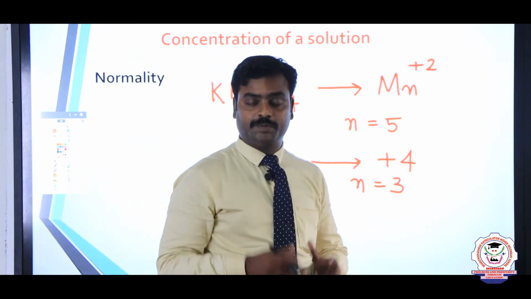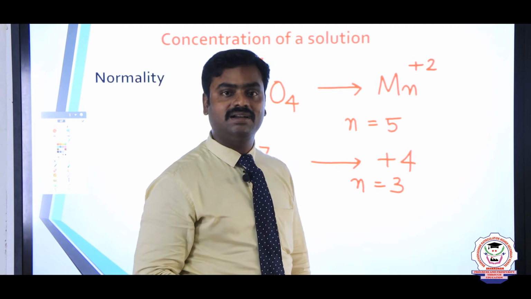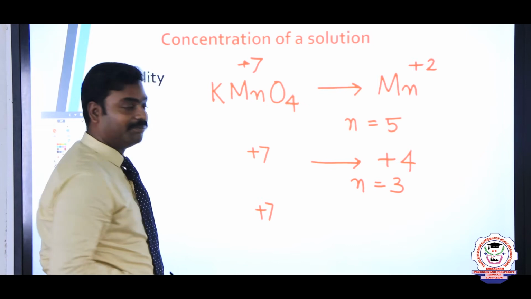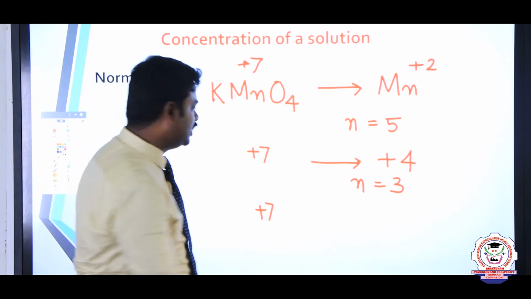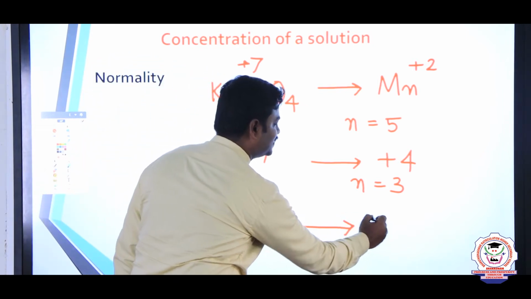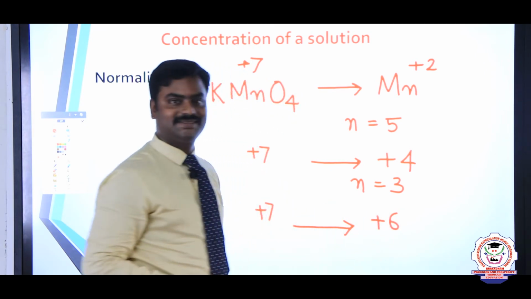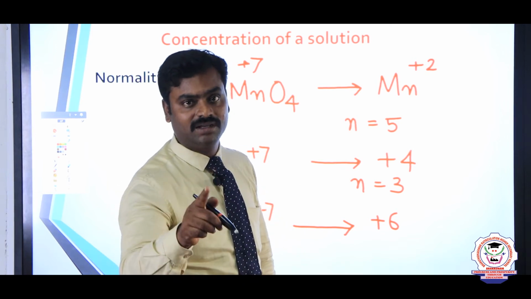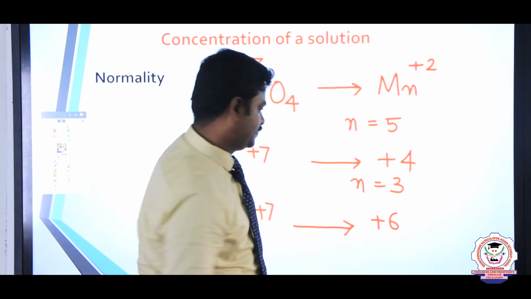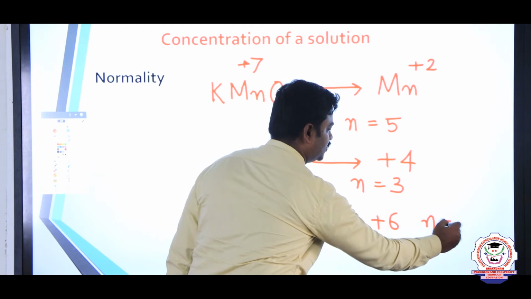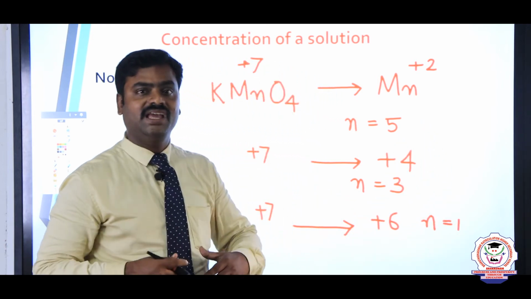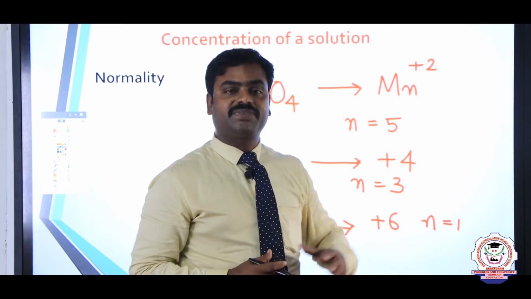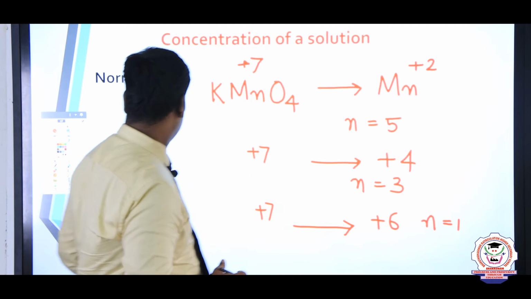But if you use potassium permanganate in neutral or basic condition, the oxidation state of manganese changes from +7 to +6, so the change is only 1 and the n factor is 1. In this way we find the n factor for neutral substances.